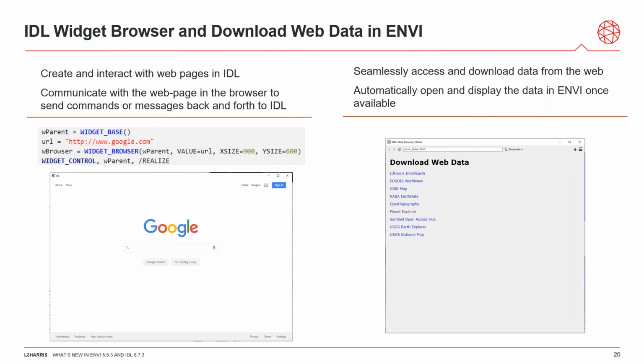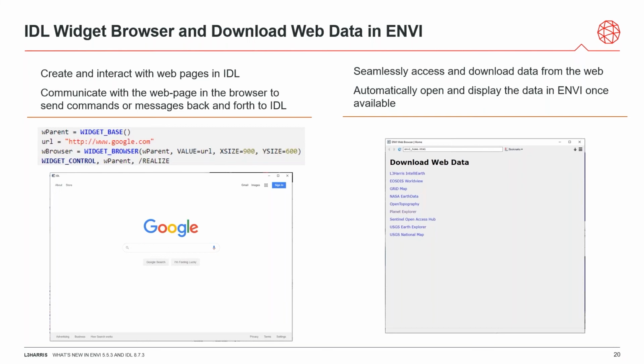So with so many data providers that all have their own web applications for searching and discovering data, rather than creating separate widgets or workflows in ENVI, using the widget browser, you can add your own bookmarks in addition to the list that you see here, which will take you to their website. It's just like a web page.